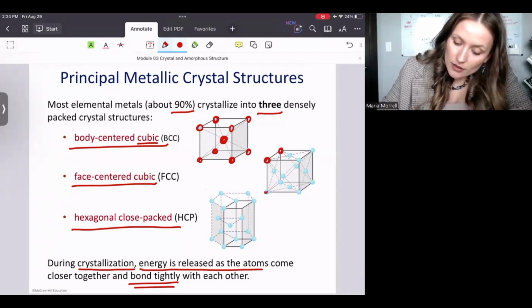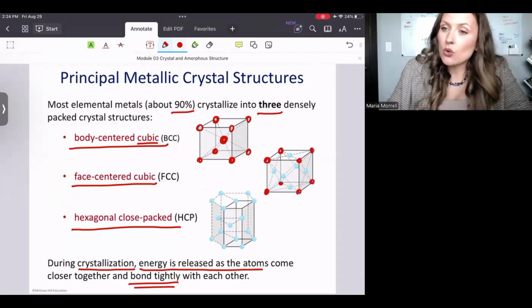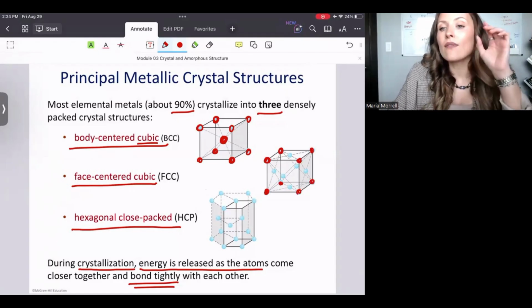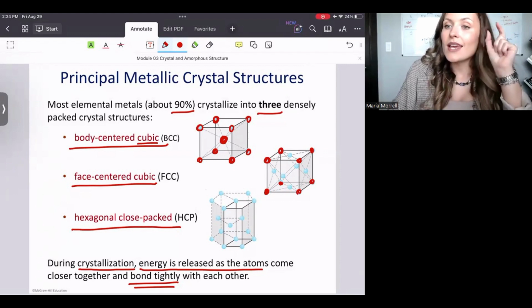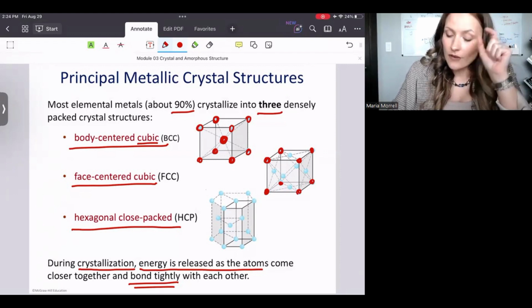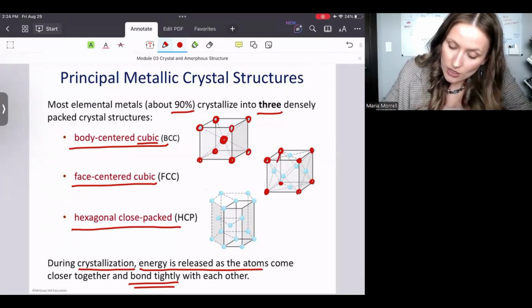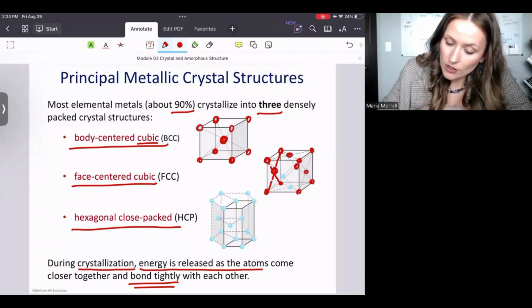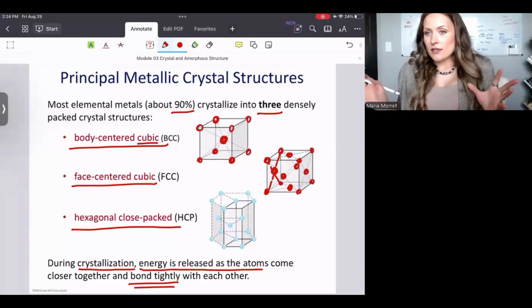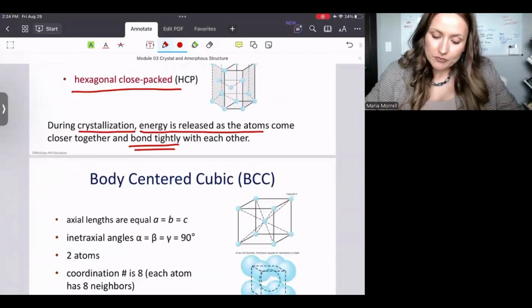You again start with an atom in each corner of your cube, and then you have an additional atom in the center of each face, right? So that means if I take, let's say, this center, I have to put it right here, right here, right there, right there, right there, and right there. And that is the difference, okay?